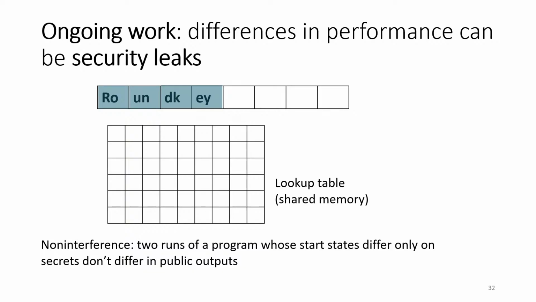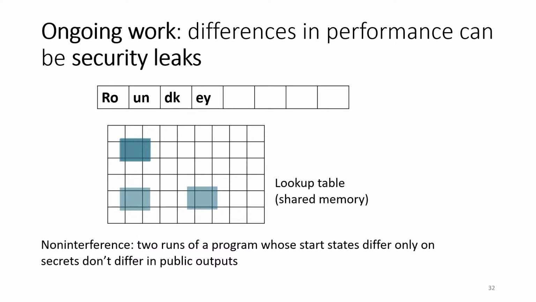And then you do additional operations on the transformed bytes. So in a GPU implementation, it makes sense to store the lookup table in shared memory. But now we have the problem where the number of bank conflicts, and therefore the latency, depends on the actual bytes in our round key. And so by looking at the latency, you can get information about what the key was.